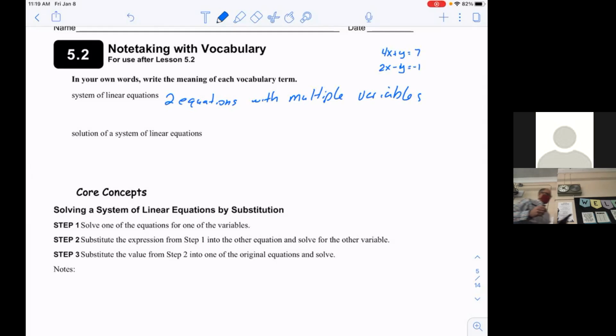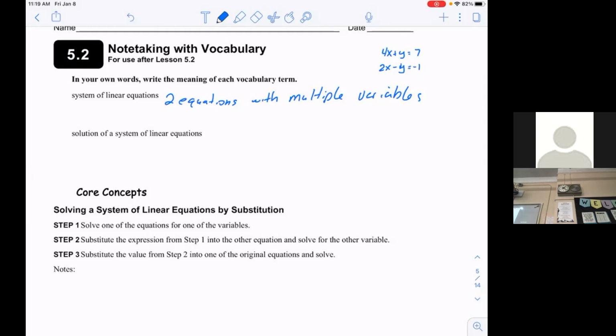Do you remember what the solution to a system of equations is? We talked about it last week. Was anybody not here last week? Anybody not here on Wednesday? I think you were all here on Wednesday.